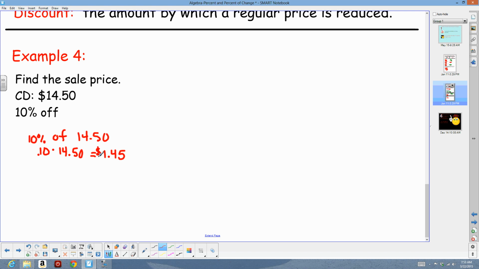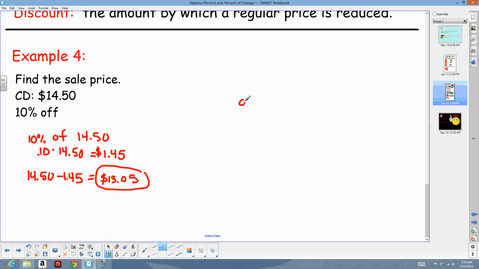Now to find the selling price, you're going to take the regular price minus how much you're going to save, which means the selling price is going to be $13.05. Now the shortcut method, if something's 10% off, you're going to pay 90% of the price because it would be 100% minus 10%.